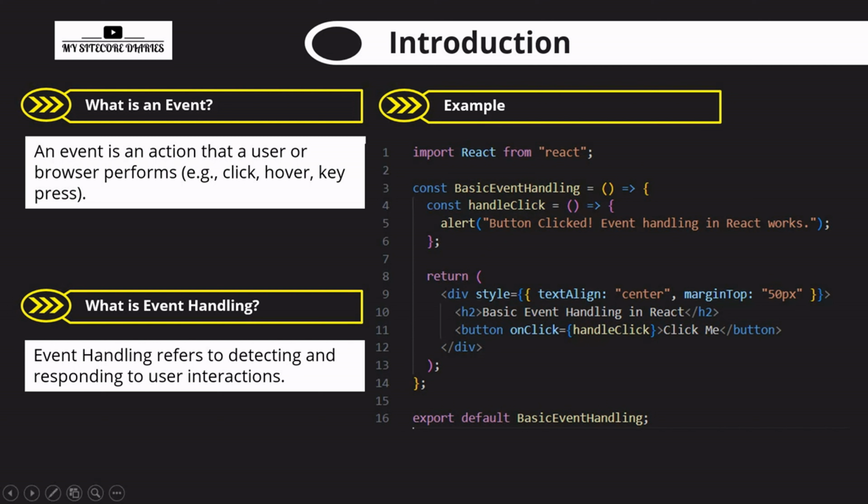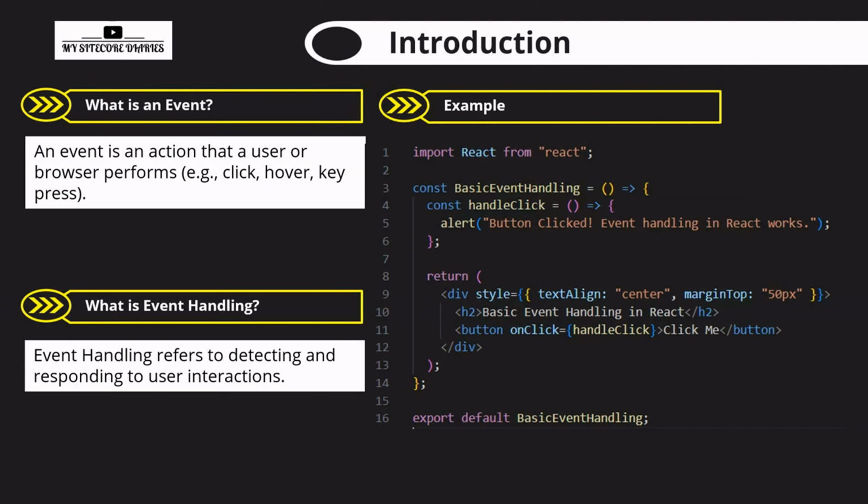In the return statement, we have a button element in which on click we are calling handleClick. So this function gets called once you click on the button, and the alert message will come. This is a fundamental way to handle events in React, making your web application more dynamic and responsive.